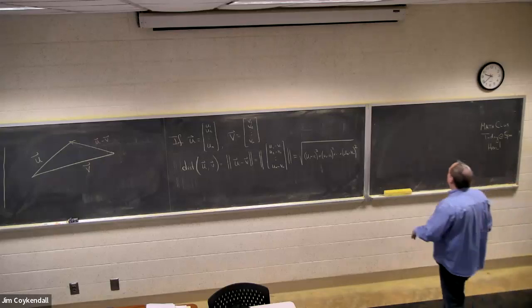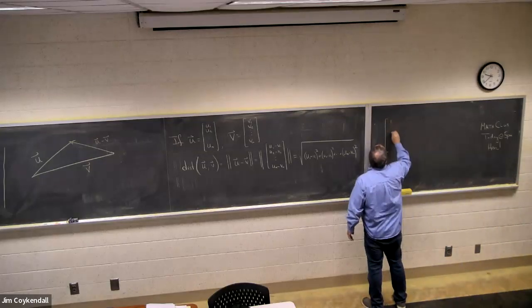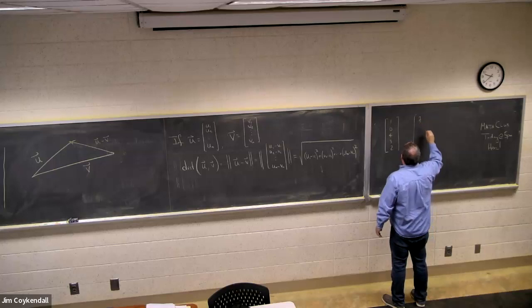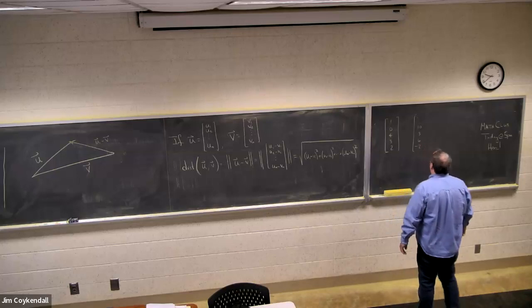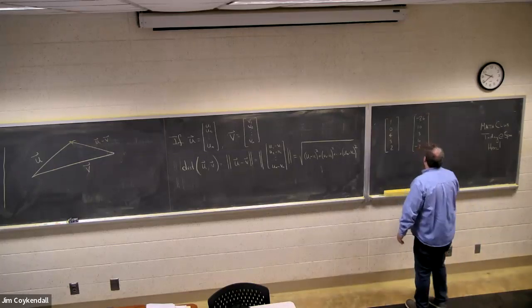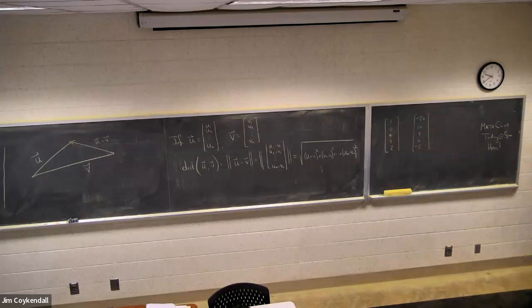So let me give you a question. 1, 0, 4, 2, 7, and minus 2, 6, 3, 10. Are those 2 vectors perpendicular? If not, what angle do they sit at?